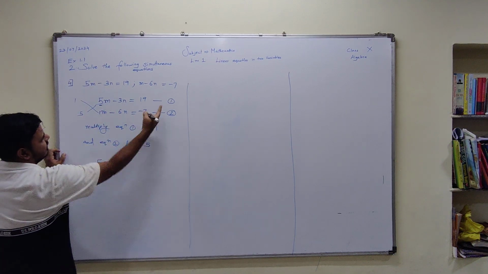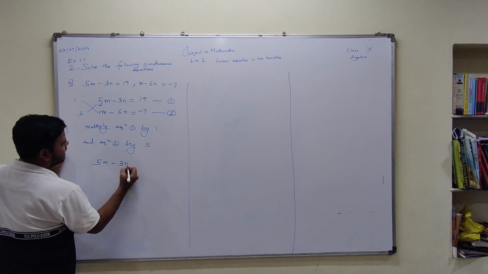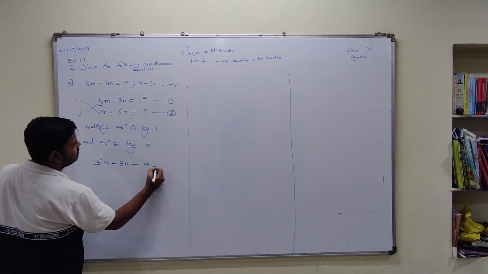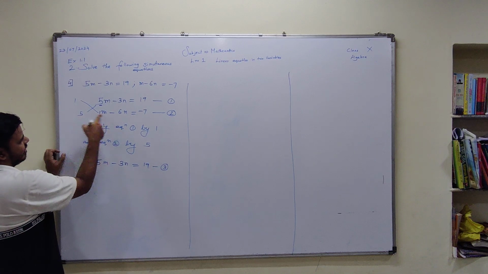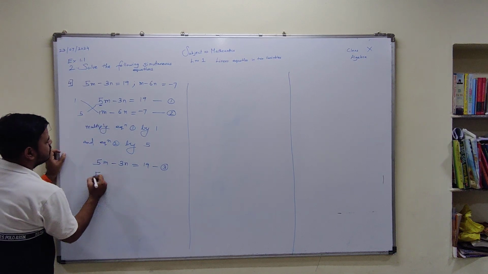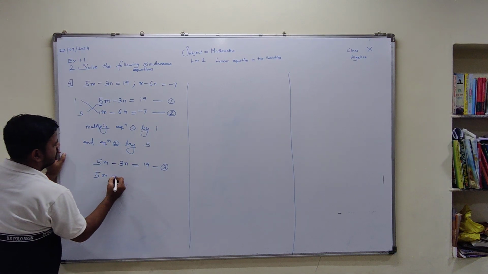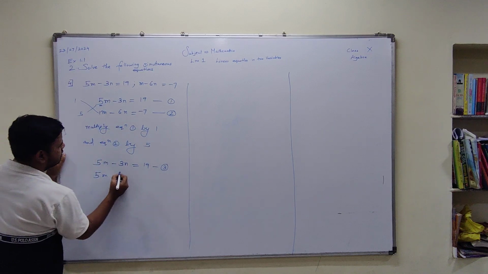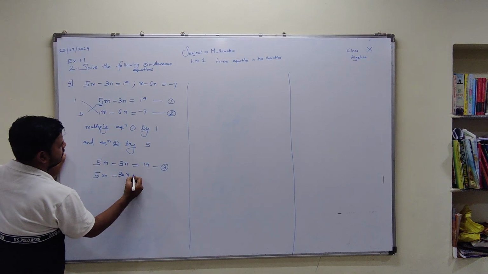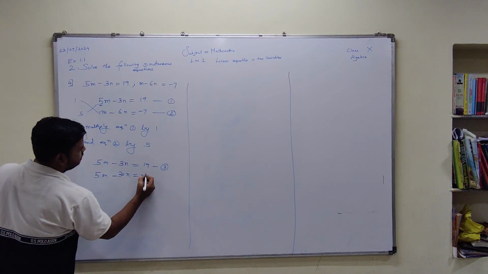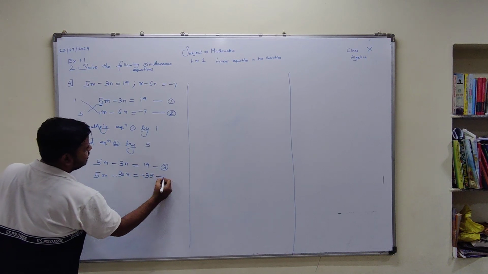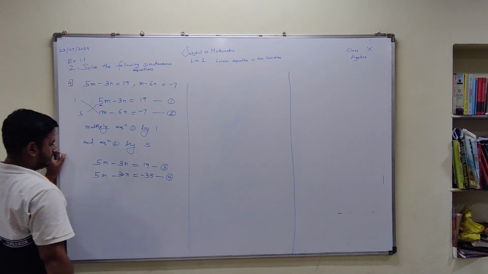So this equation will remain as it is, 5m minus 3n equal to 19. This will become your equation 3. And multiply this by 5. 5 1s are 5, so this will be 5m minus 5 6s are 30n, equal to 5 7s are 35. So this will be minus 35. This will be your equation 4.